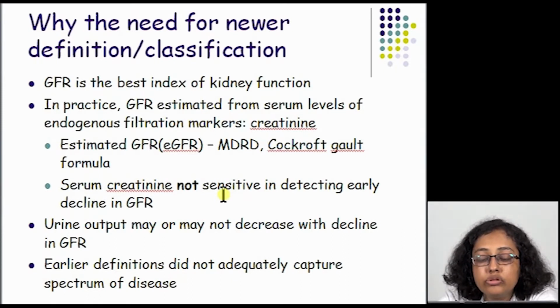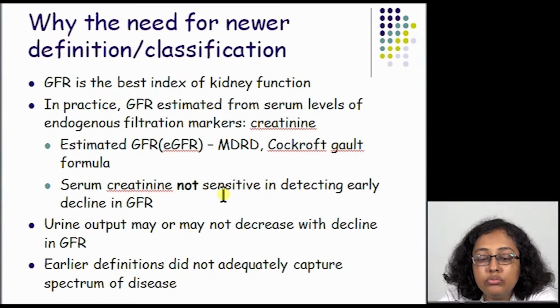Second thing was, traditionally the urine output was used to define acute renal failure, whether there was a decrease in urine output or not. But sometimes whenever there is a decline in GFR, the urine output may not decrease, what is known as a non-oliguric acute renal failure.